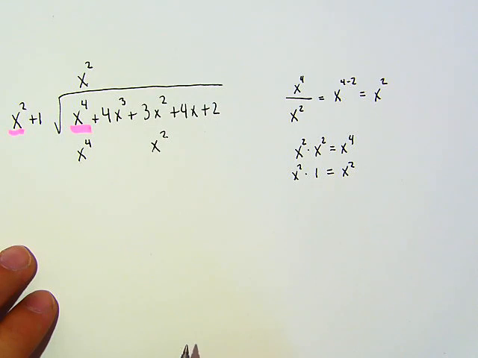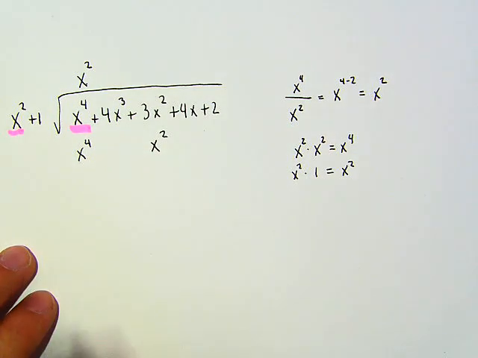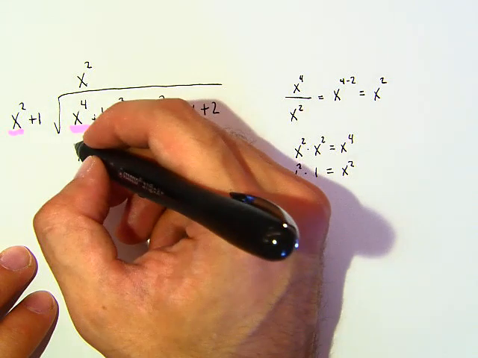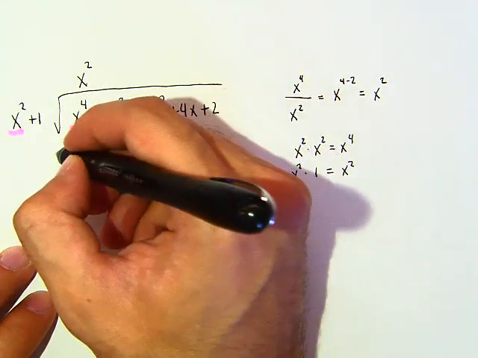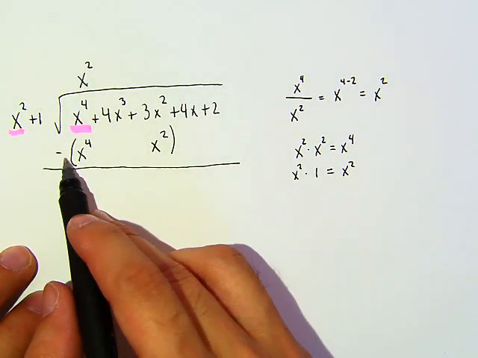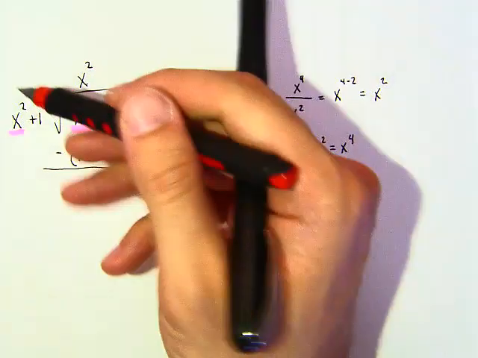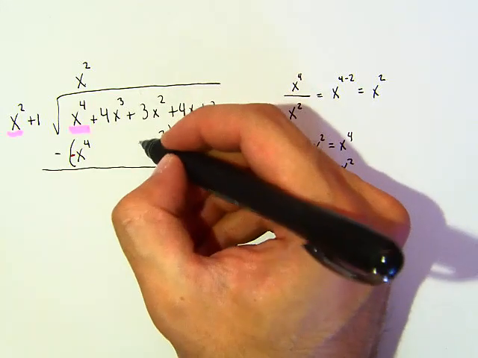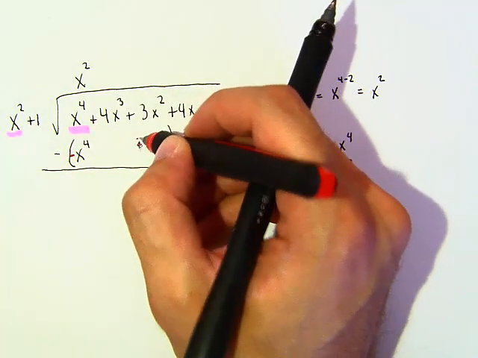And I know that might have been a little tricky, right? So this x squared times 1 is x squared. Now what you do is the same thing. You do parentheses subtract, right? So this becomes negative. And this one, well, this was originally positive, so now it just becomes negative, okay?